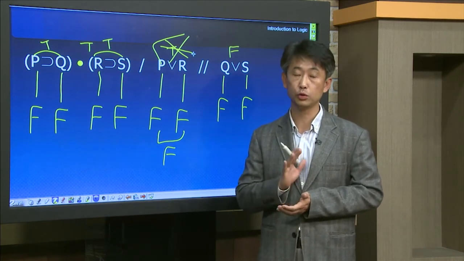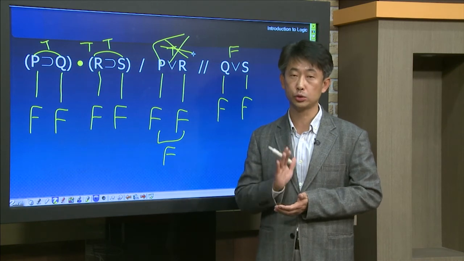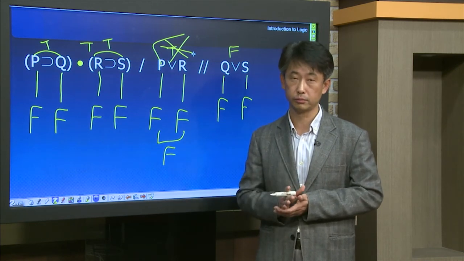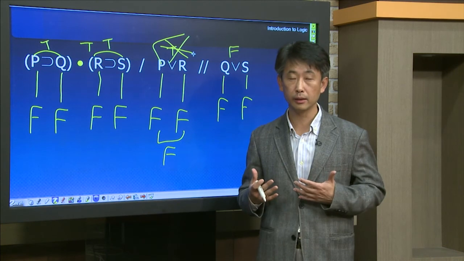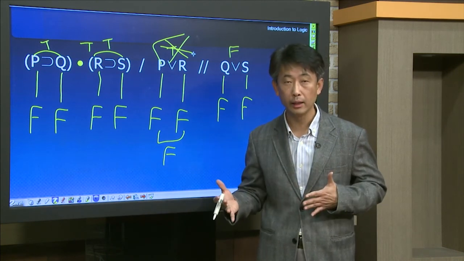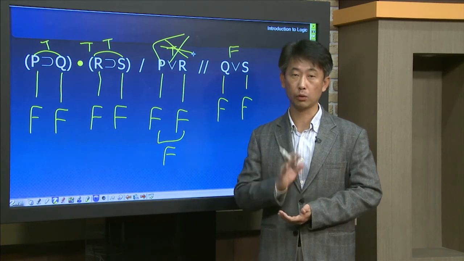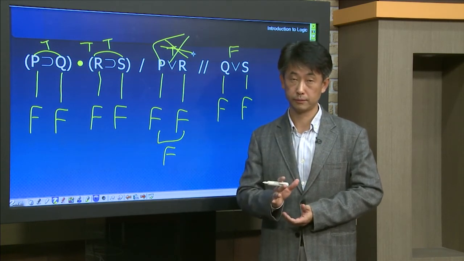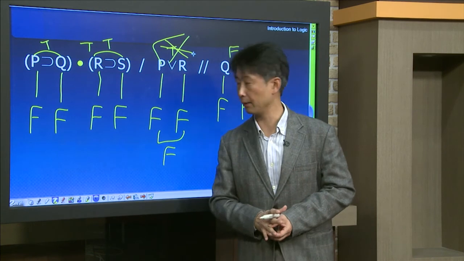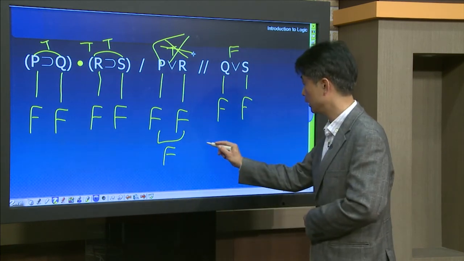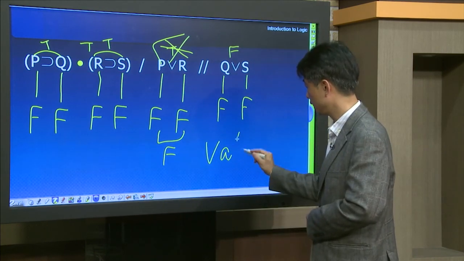I have failed to make all the premises true and conclusion false. I've just learned that there is no way I can make all the premises true and conclusion false. Now in that case, I conclude this argument is valid.